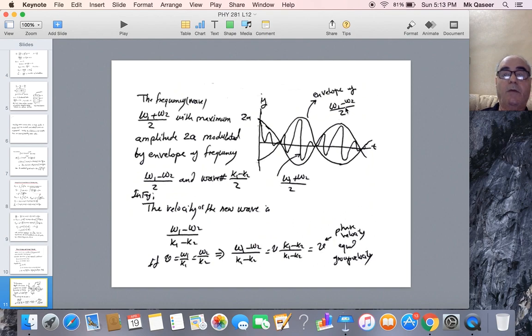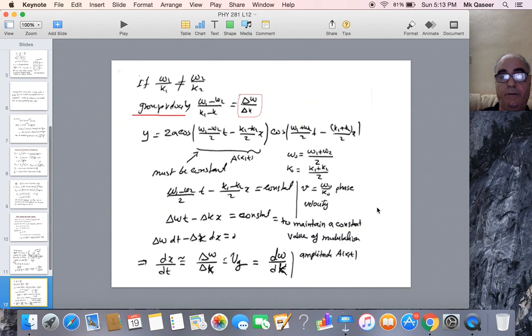Remember that omega 1 minus omega 2 is a small quantity. Now we define the group velocity as delta omega over delta k, or omega 1 minus omega 2 over k1 minus k2, in the special case of omega 1 over k1 equal to omega 2 over k2. In this case, the phase velocity is the same as the group velocity.